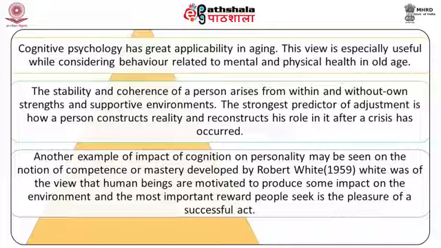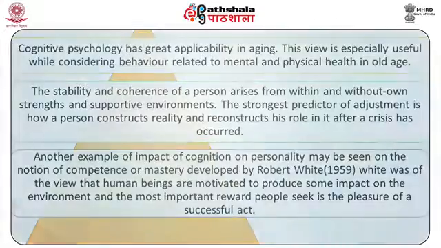Another example of the impact of cognition on personality may be seen in the notion of competence or mastery developed by Robert White. White was of the view that human beings are motivated to produce some impact on the environment, and the most important reward people seek is the pleasure of a successful act.